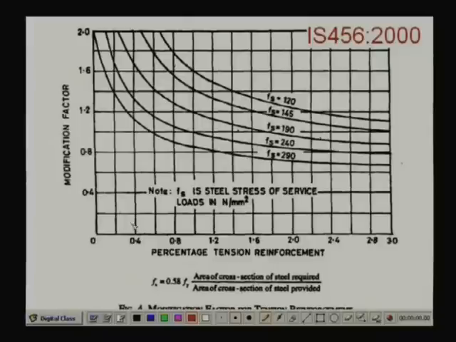If we go something this way, we shall get it somewhere here, and the value is 218. You can see that it is dependent on the values Fs 120, Fs 145, 190. It means that if you provide more reinforcement, the modification factor will also be more, so that way also we can manipulate a little bit.